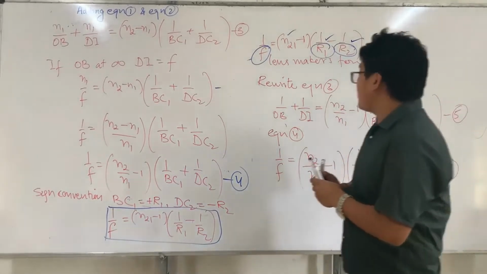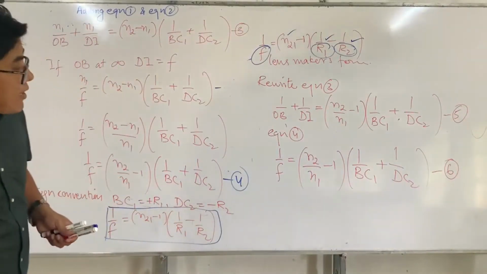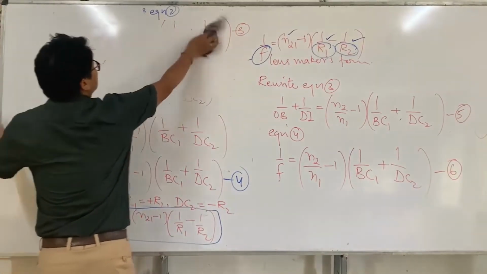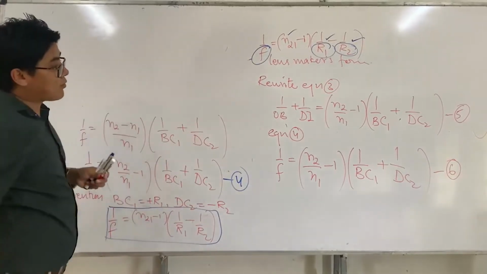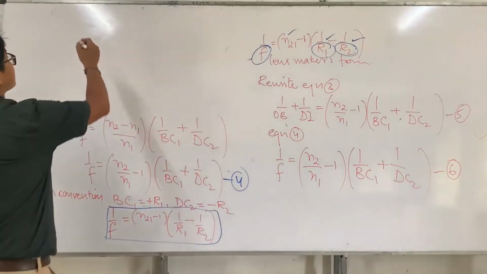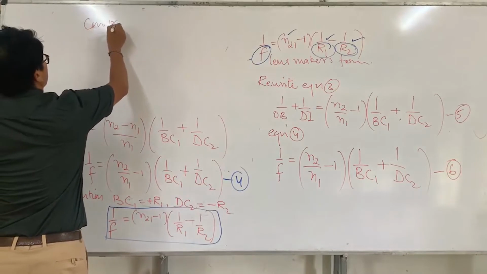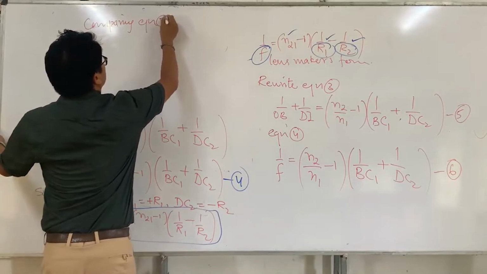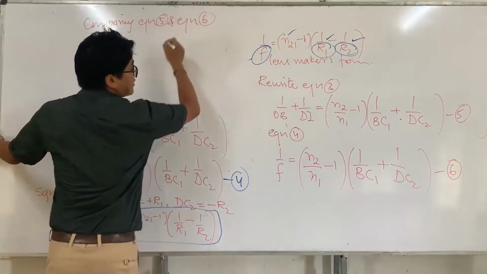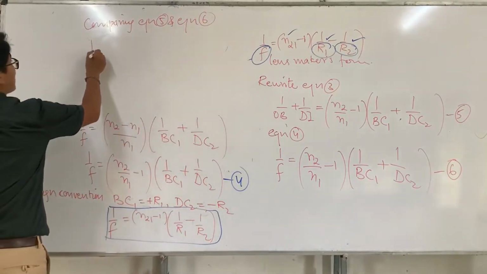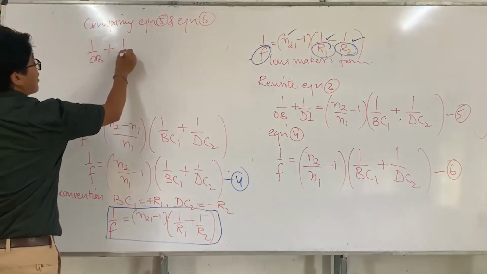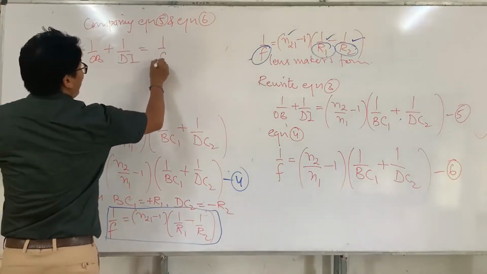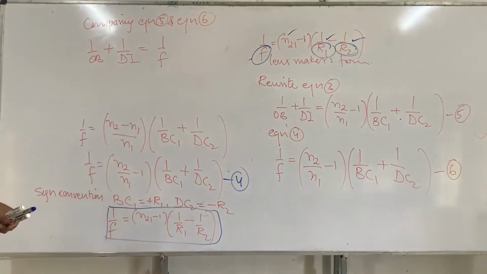Comparing equation 5 and equation 6, what we get is 1 by OB plus 1 by DI is equal to 1 by F. F is the focal length.